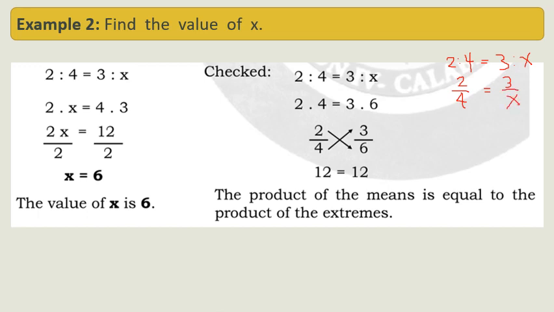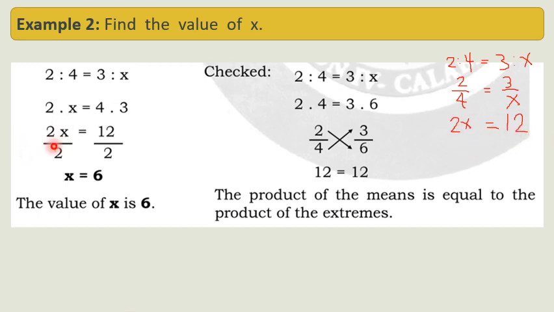Cross-multiply tayo. So, 2 times x. Pagdikitin lang natin, magiging 2x. Then, 4 times 3 is 12. Isipin natin dito, ano ba yung pwedeng ipalit sa x? Pag multiply daw natin sa 2 ay magiging 12.